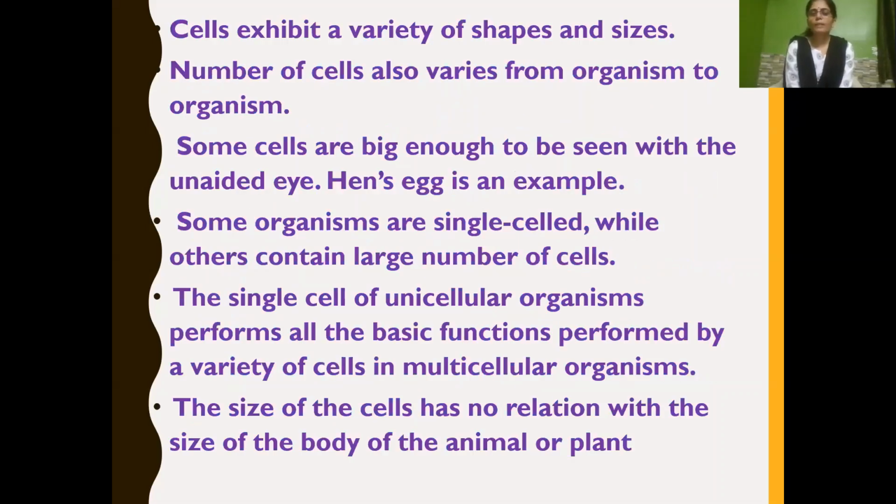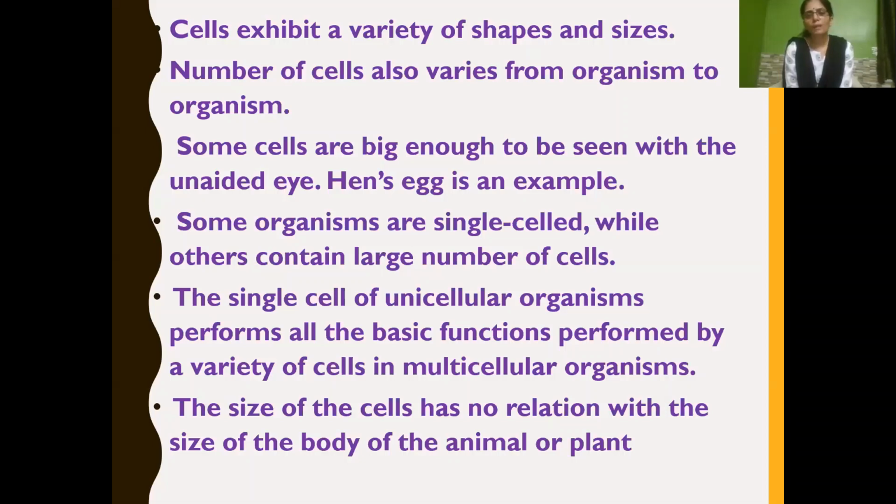And cells exhibit a variety of shapes and sizes. The number of cells also varies from organism to organism. Some cells are big enough to be seen with our naked eye or unaided eye, for example, a hen's egg. Some organisms are single celled, that is, they are made up of only one cell. We call them unicellular organisms, and some organisms are made up of many cells.